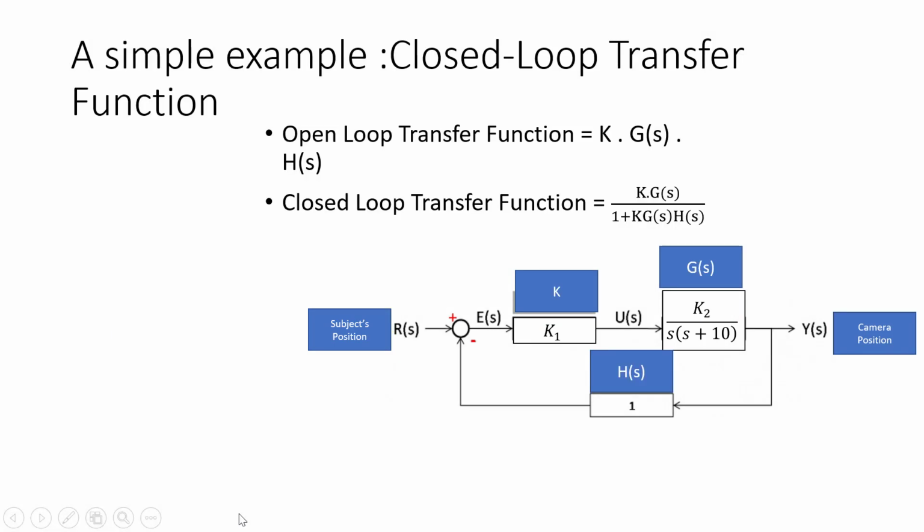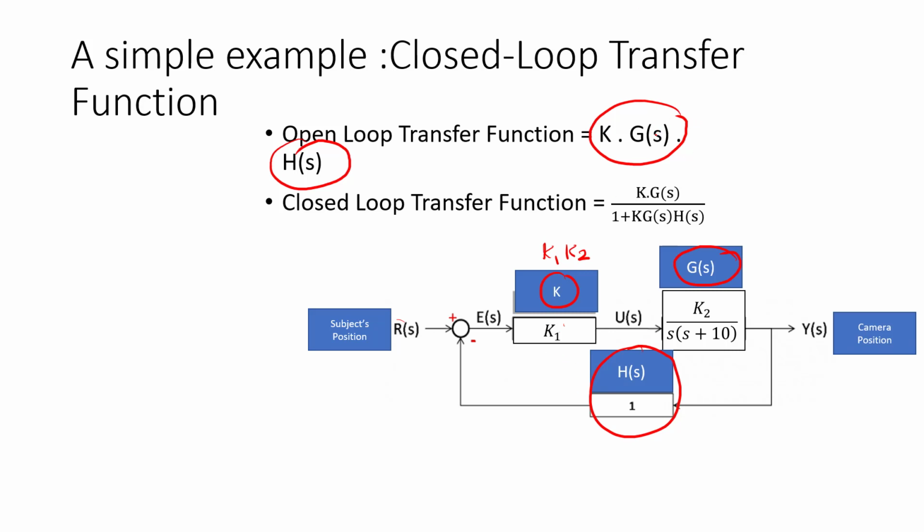Next, as the same example, this is a closed loop transfer function system, and the first one is the open loop transfer function KG(s)H(s). The gain is K, which is K1 and K2, and this is the open loop system with the unity feedback H(s).